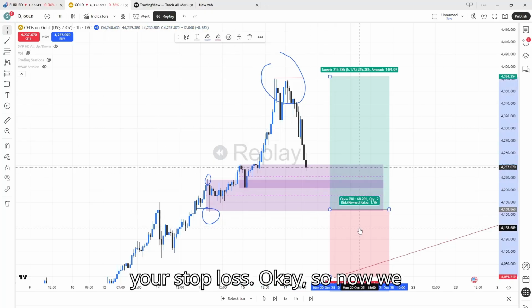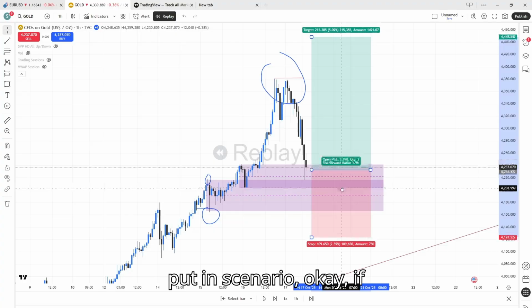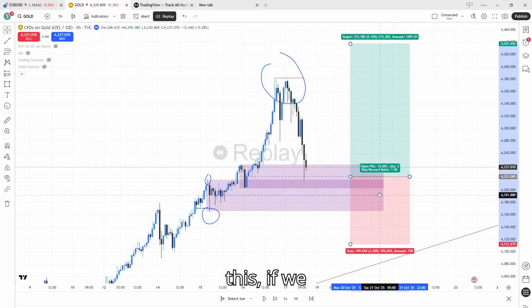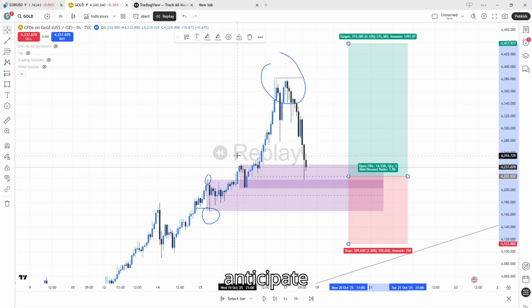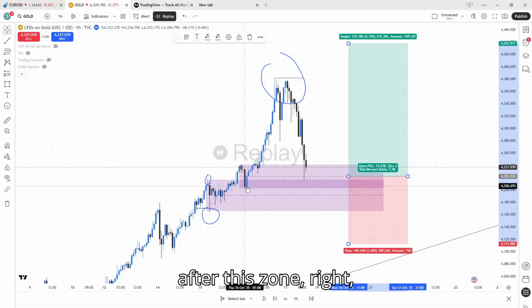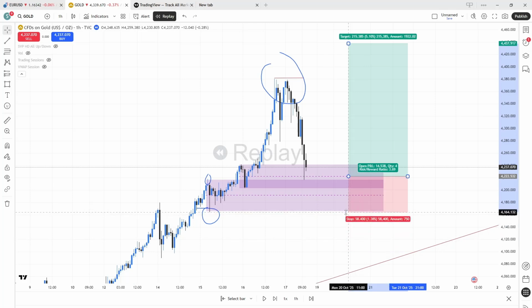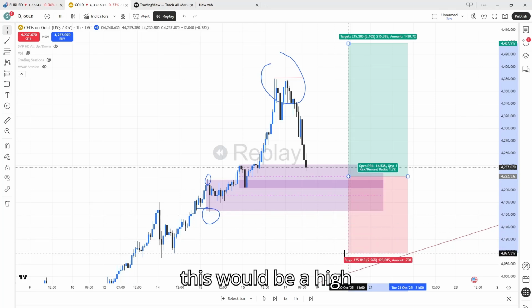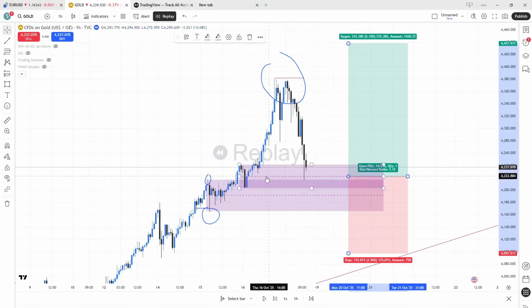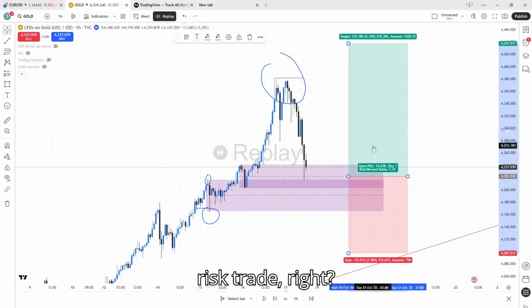Okay? So now we put in scenario, okay, if we anticipate after this zone, right, where our stop loss will be. Well, this would be a high risk trade, right?